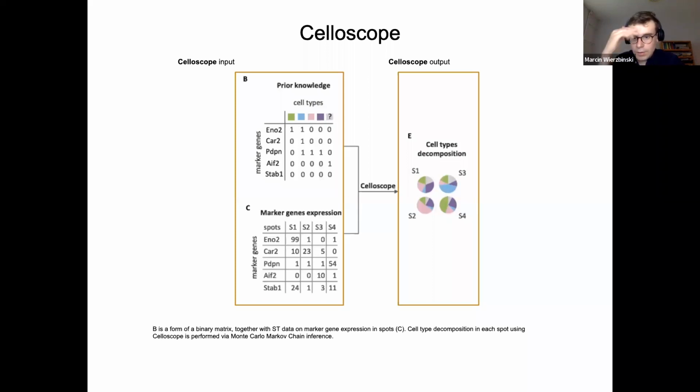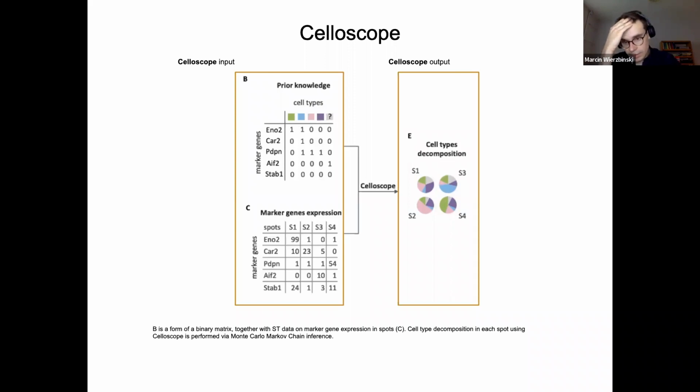Of course, the variables are quite complicated because we want to infer, for instance, the presence of a specific type within a spot, because sometimes not all types are in a specific spot.